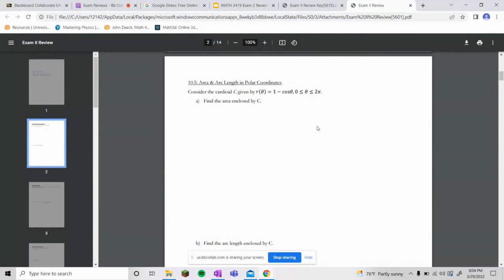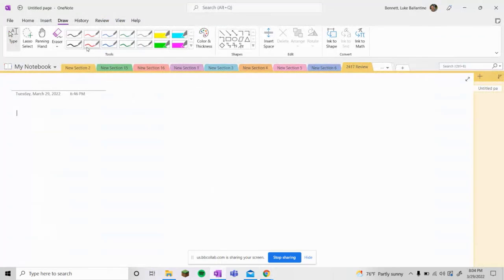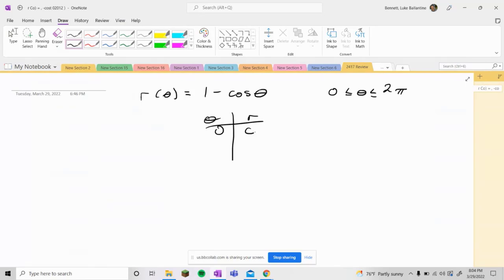Consider the cardioid r equals 1 minus cosine theta, from 0 to 2 pi. Find the area enclosed by C. So r of theta is 1 minus cosine theta. At theta is 0, we have r is 0.